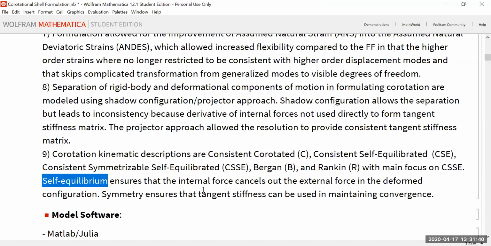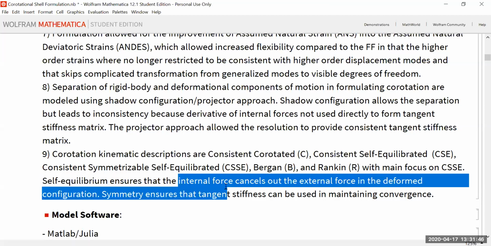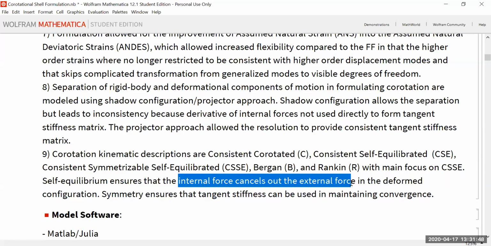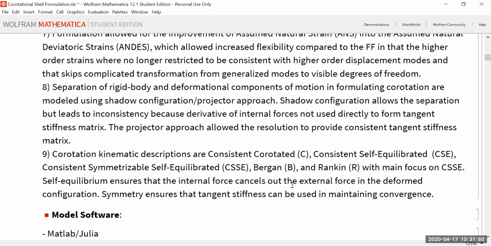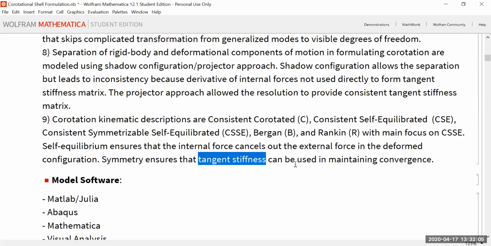The criterion of your nonlinear finite element is that you need to have a residual of 0, so it allows us to cancel the internal force and the external force. And this symmetry ensures your tangent stiffness is symmetric, and this maintains convergence because typically it's not symmetric.